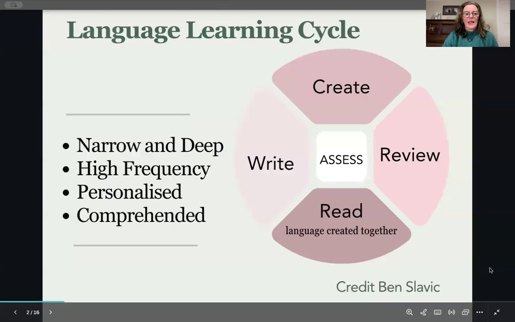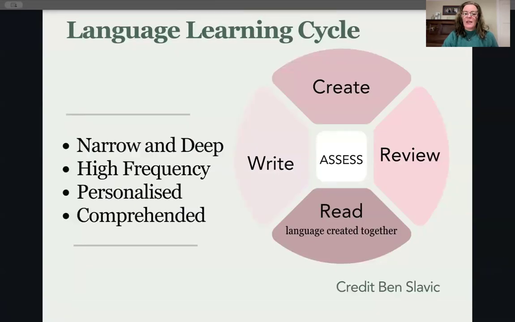To start with, I love this language learning cycle that I came across via Ben Slavik's website and blogs, and it really resonated with me.